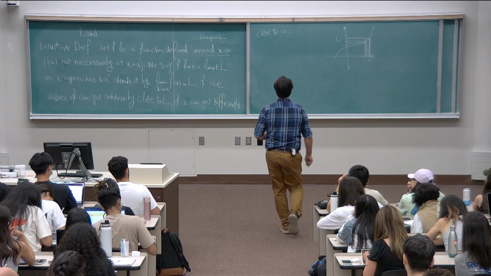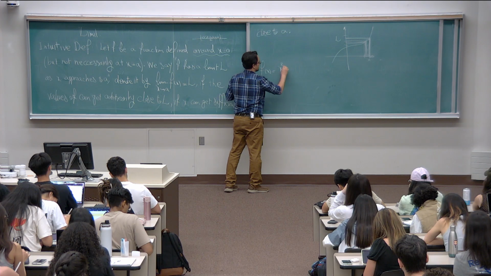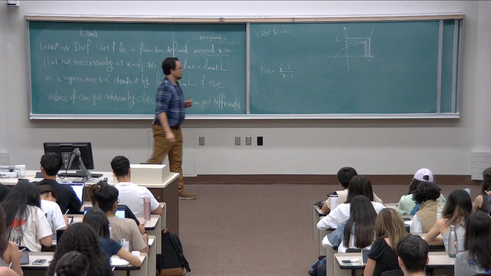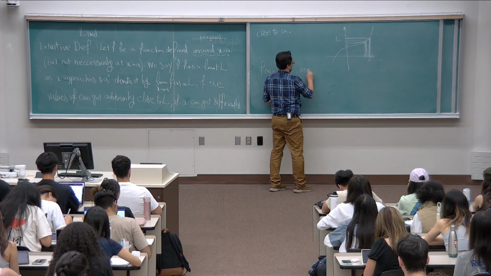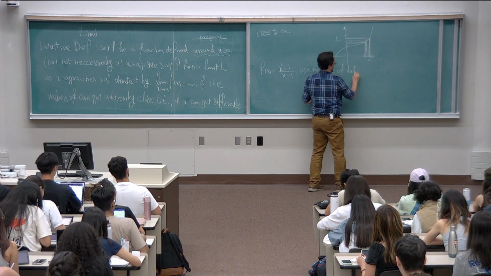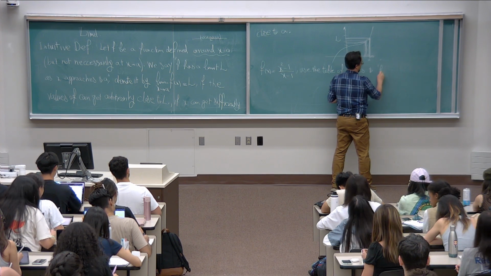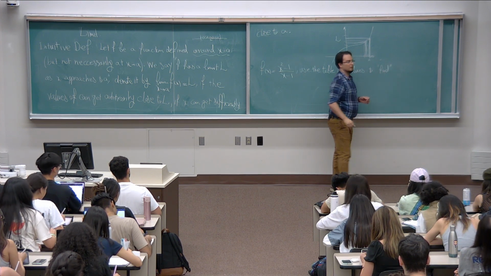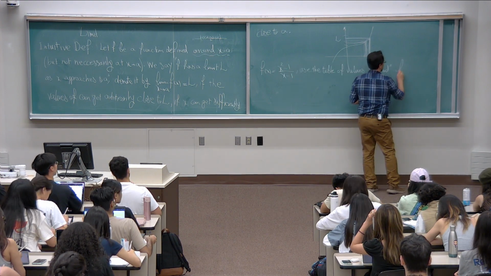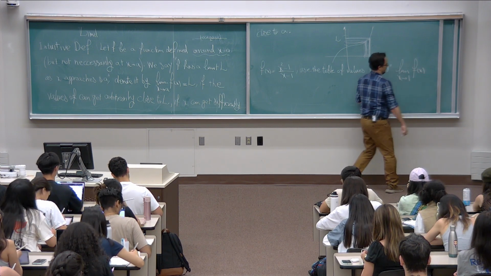Well, in an example we will see, let f of x be this guy. Use the table of values to understand the trend, to find the trend of the limit of f of x as x goes to 1.